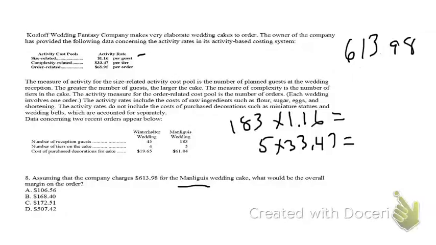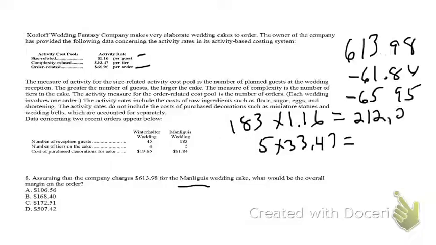Cost of the purchased cake decorations were $61.84. Looked at the wrong wedding here. So I've got to subtract the $61.84 for my cost of my purchased items, and then my activity per order, and keep in mind this takes one order, is $65.95. So I subtract those two, and then I subtract my cost here, which is $212.28, and 167.35.